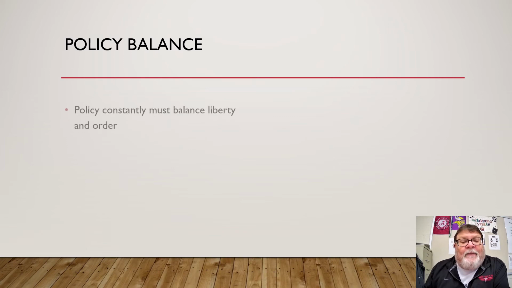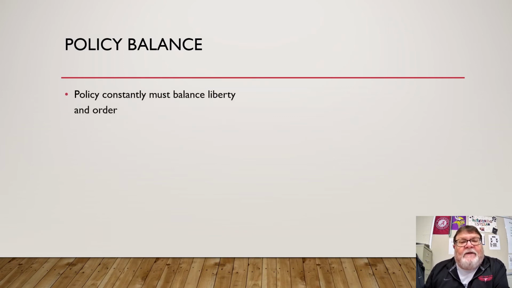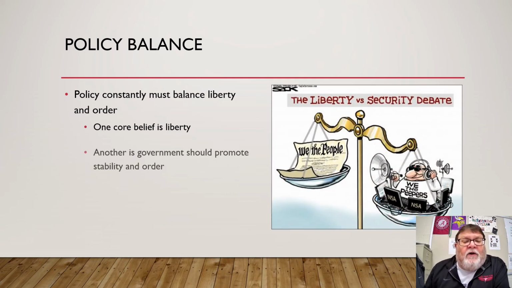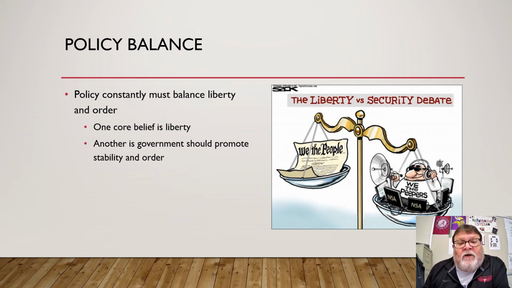Okay. So the balance, though. Remember, one of the things that we have to do, and we talked about this all the way back in Unit 1 as well, and also when we were in Unit 3 talking about the Bill of Rights and the natural rights and the things we have and the things government cannot do, is we have to balance liberty and order, because we have a core belief of liberty, and we also have a core belief that government should promote stability and order. And that is a constant battle that we face. That scale on the right side there is a good indicator.